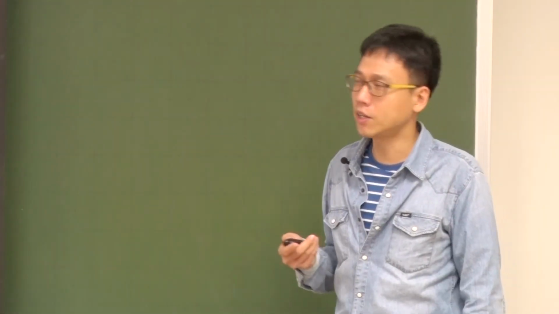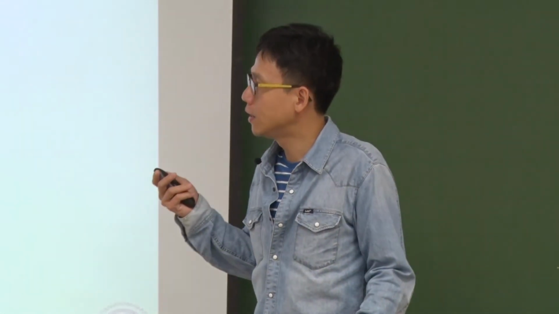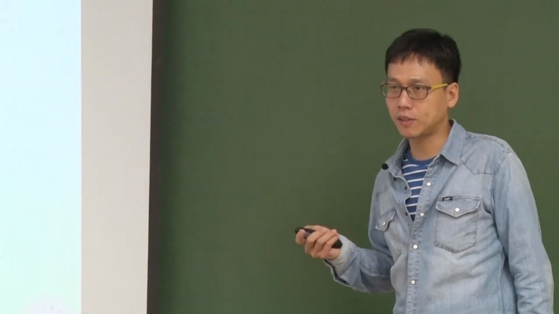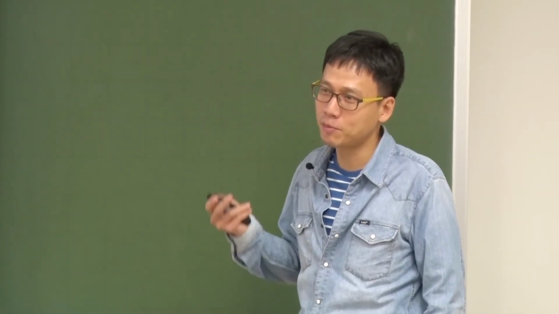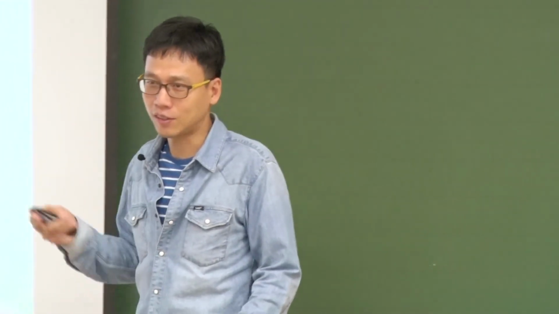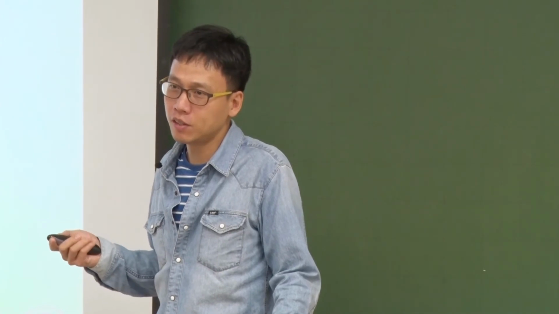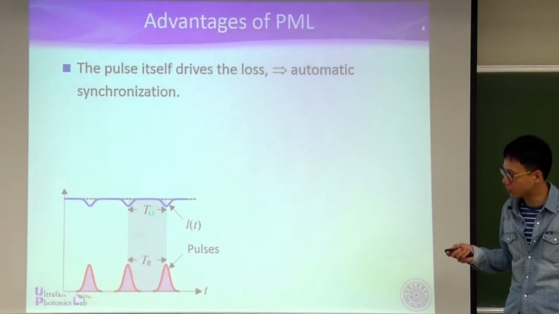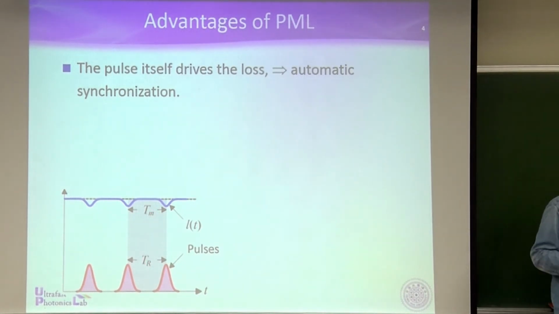In active mode-locked lasers, you usually need a feedback loop to force the modulation frequency equal to your mode spacing. It's not easy. It takes time, effort, and cost. But here, nothing, because the pulse drives the modulator, so it's automatic, without any extra effort.